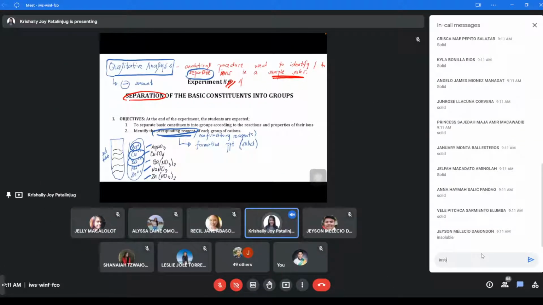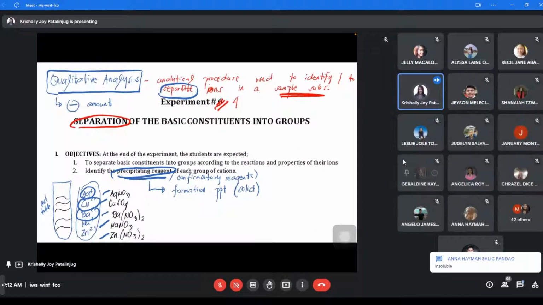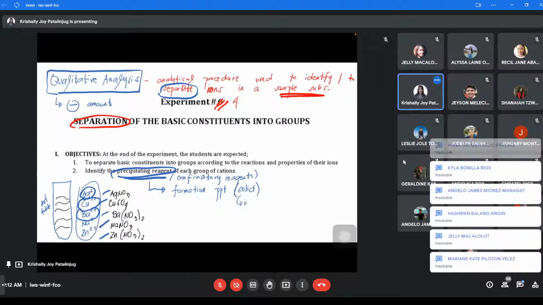Soluble or insoluble? It is very good. Insoluble, therefore. Because it is solid, meaning it formed. Because it became solid, it is insoluble in that particular solution.